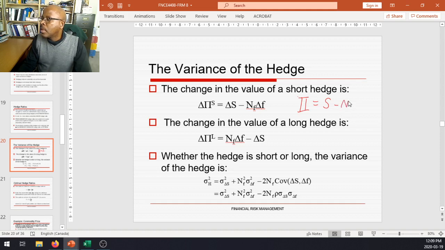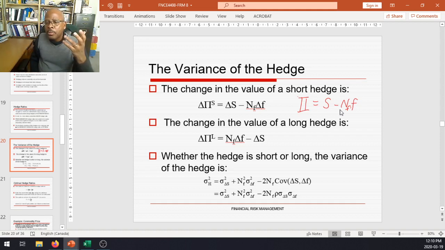So if you have n number of futures units for the hedge, and this n would be your hedge ratio, then that is the hedge itself. And the change in the hedge you can calculate, and using the change in the hedge you can calculate what the variance is.